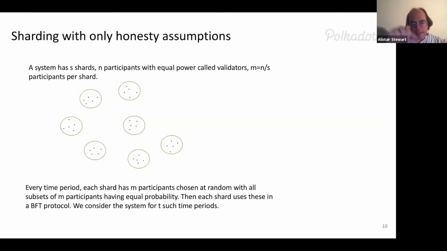And then we maybe run a Byzantine fault tolerant protocol on each shard. This works, assuming we have a decent percentage honest in the whole system, because if we take a random subset of people, then with high probability, if enough people in the whole set are honest, this subset is honest.